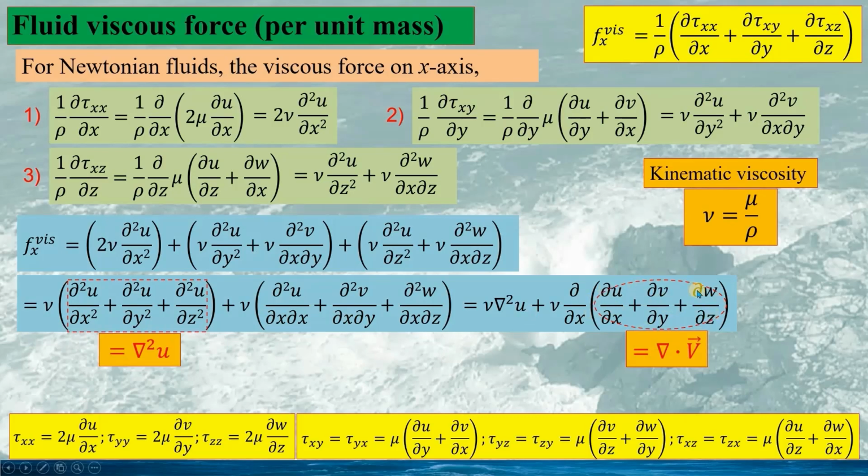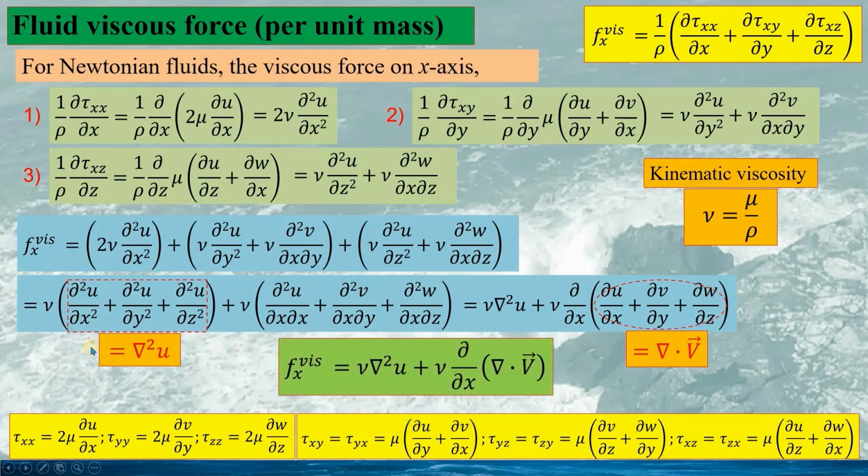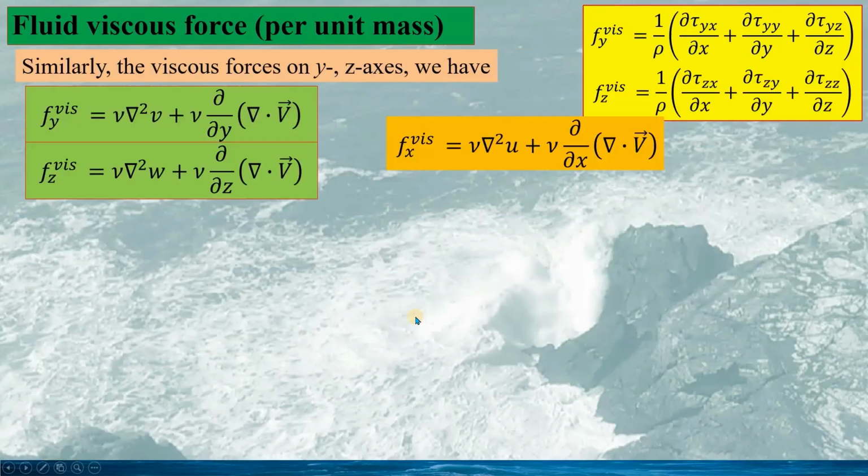So we have the expression as this. And we see in the brackets, this is the expression of the divergence of the velocity vector. Therefore, we can express the viscous force in x direction given as this.